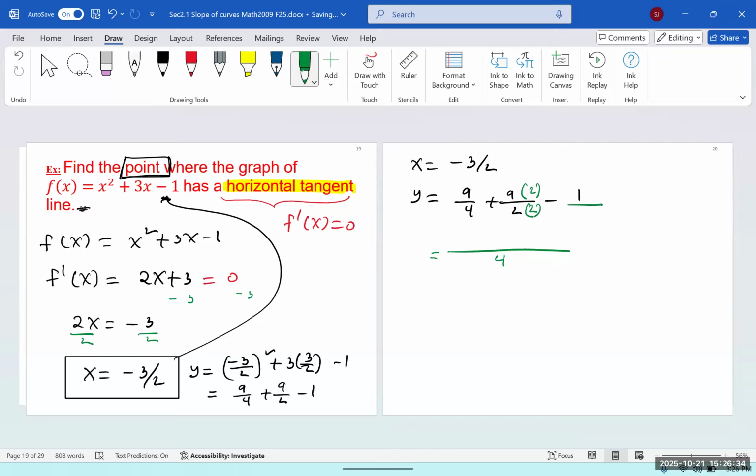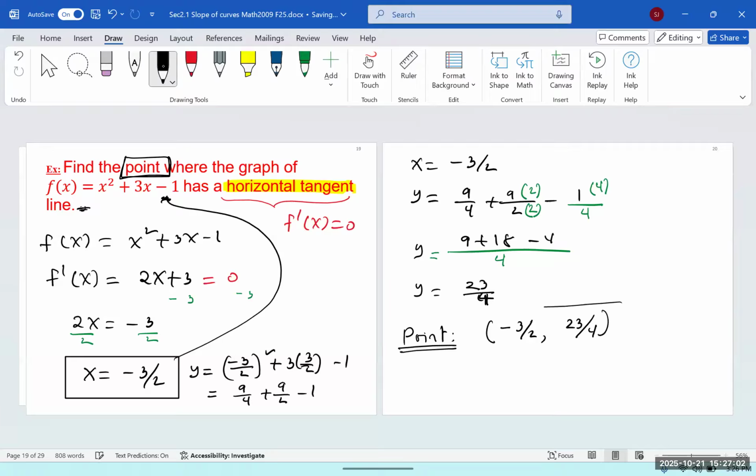Below 1, 4. So you multiply top also by 4. So we have 9 plus 18 minus 4, which is 23. 23/4. So the point they are looking for is negative 3/2 and 23/4.